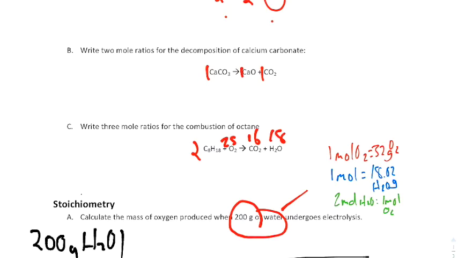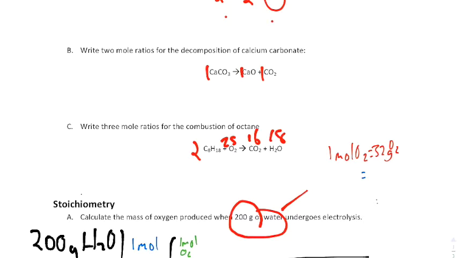The only thing that says grams of water is right here, so we put that part on the bottom. We put the other half of the conversion factor on top, which is moles of water. Now we put moles of water on the bottom because we've got to keep going with our conversion, and put the other half on top, which is moles of oxygen.